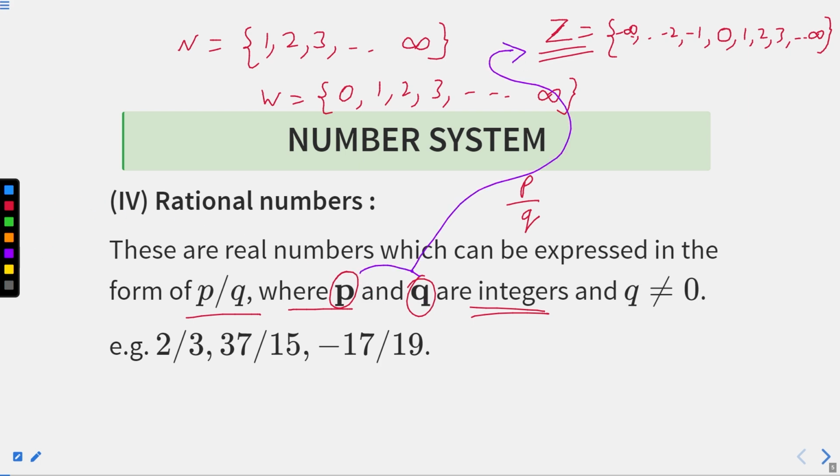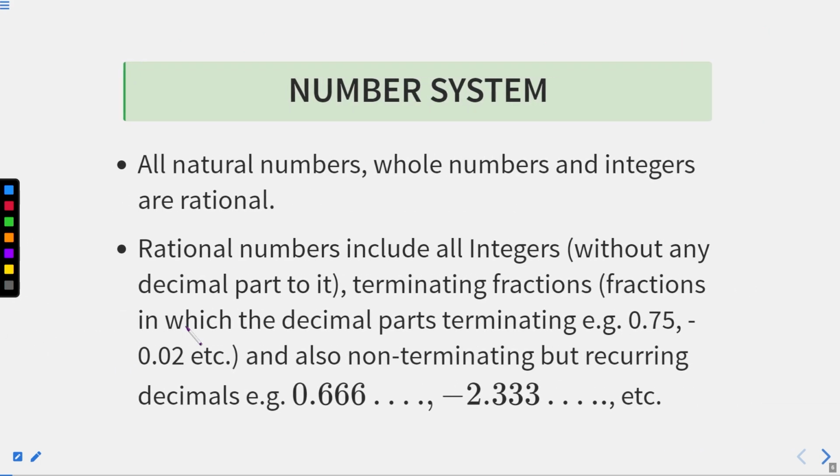So p and q can be from among these numbers, except there is one condition: q must not be equal to 0. So we choose p and q such that q is not equal to 0. For example, 2 upon 3 is a rational number, 37 upon 15 is a rational number, and minus 17 upon 19 is also a rational number.